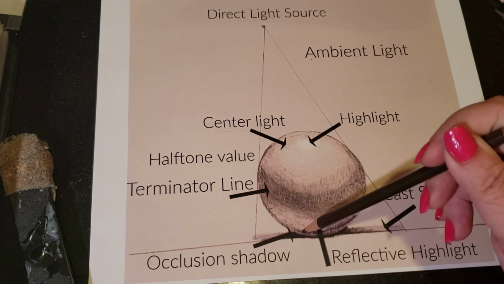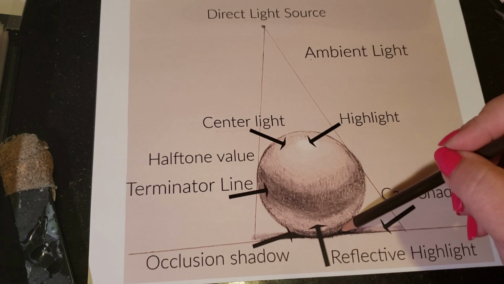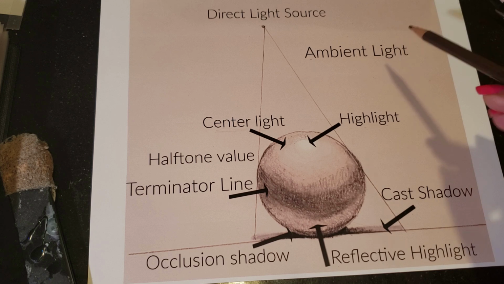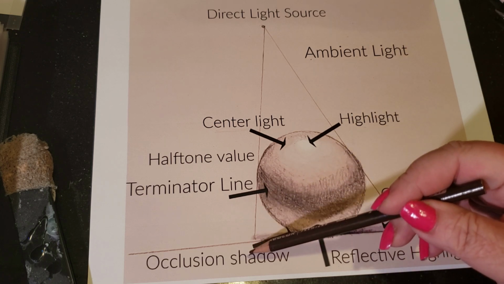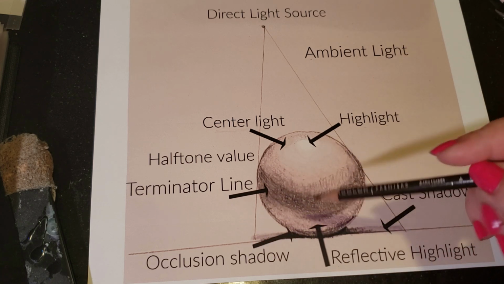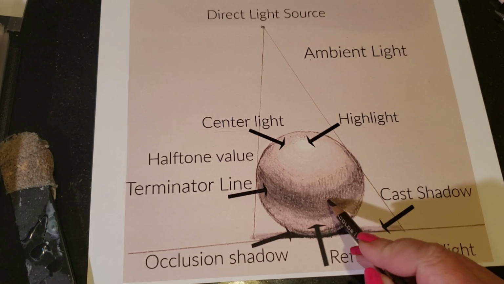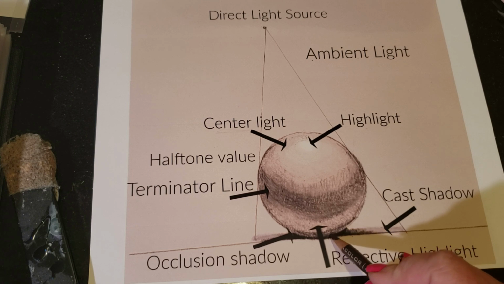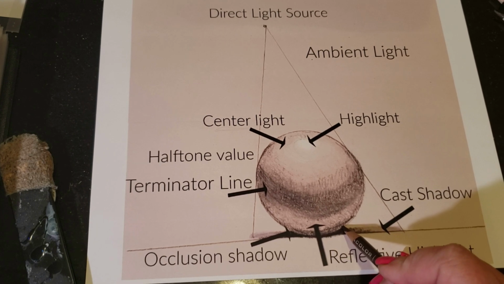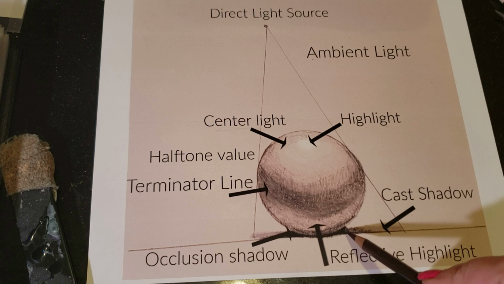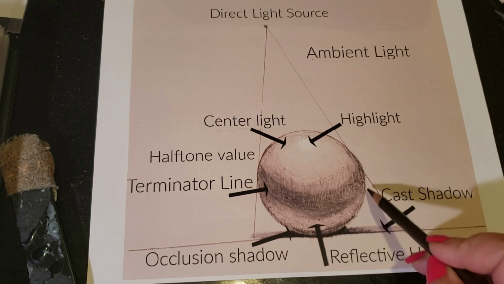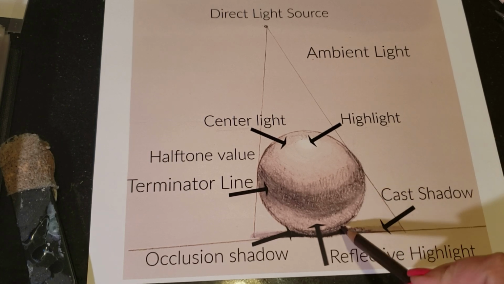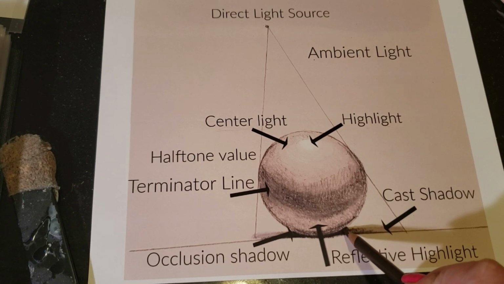And that is the point where it becomes the darkest in the whole picture. And that's your occlusion shadow. We have the occlusion shadow, which is right underneath, not on top of the object, but right directly underneath, right there. And it goes to the point where the object starts to lift up from the page. Your occlusion shadow should not be out here.